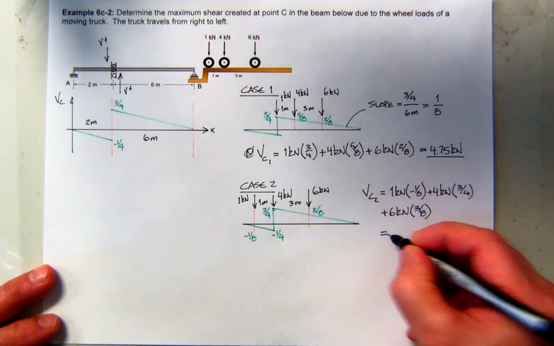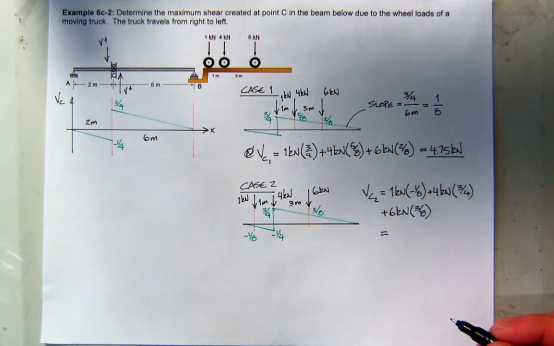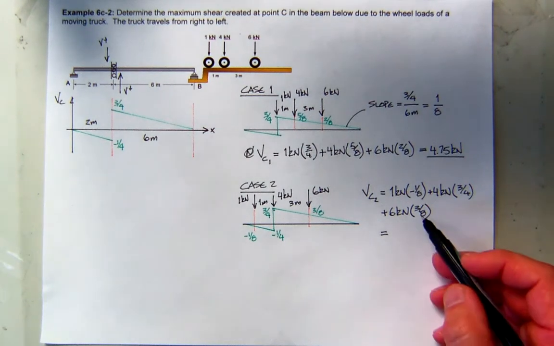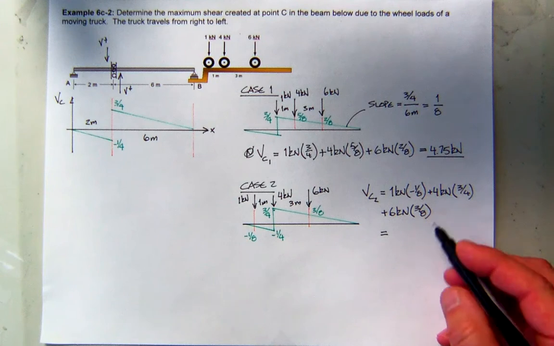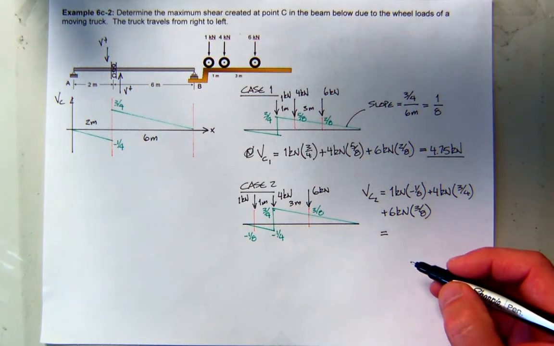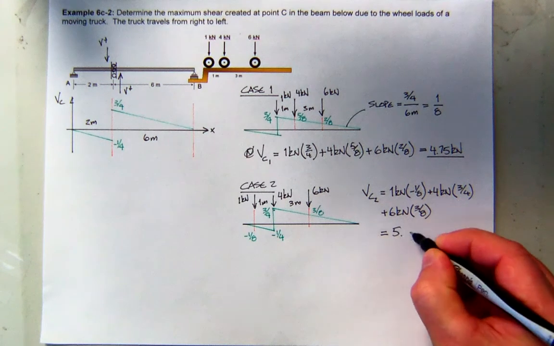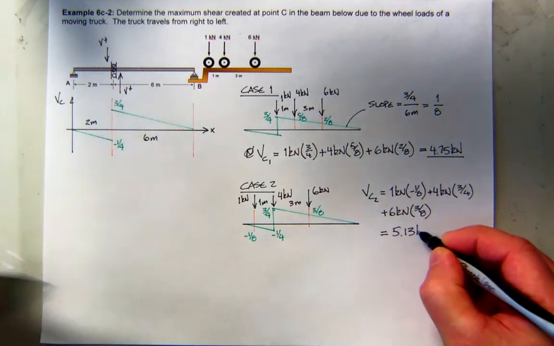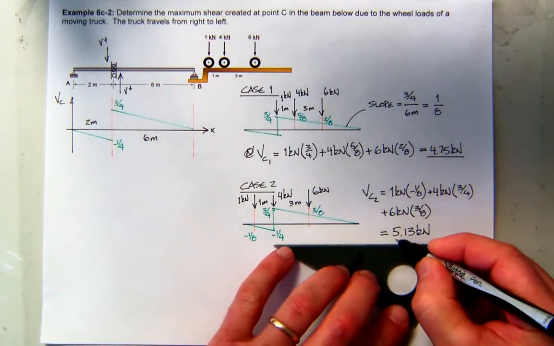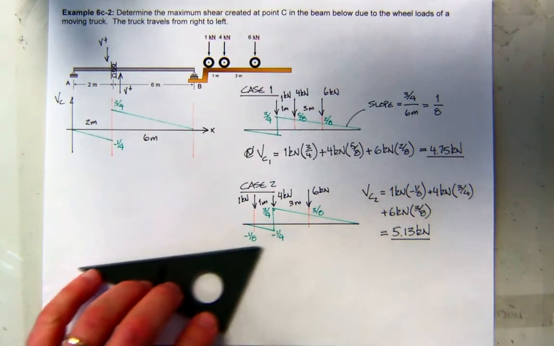So what's that value equal to? I got 5.13. Anybody else get that? Yes. 5.13, and that'll be kilonewtons. So that case seems to be controlling right now.